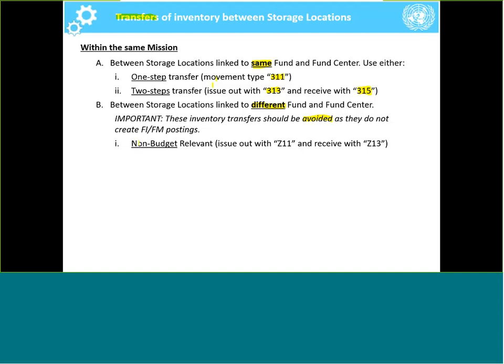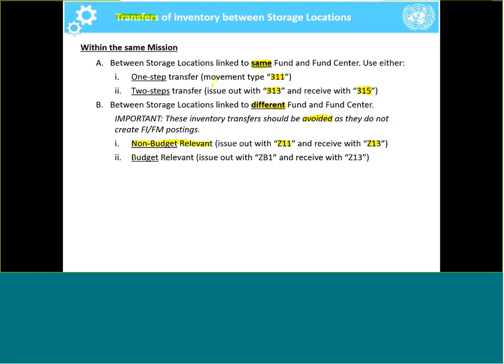If we want to be non-budget relevant, we can do it with movement type 311, set 11, and receive it back with set 13, if we don't want to charge the receiving storage location.